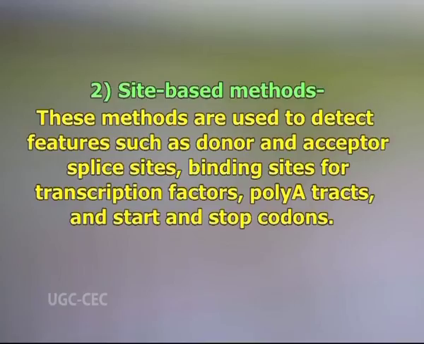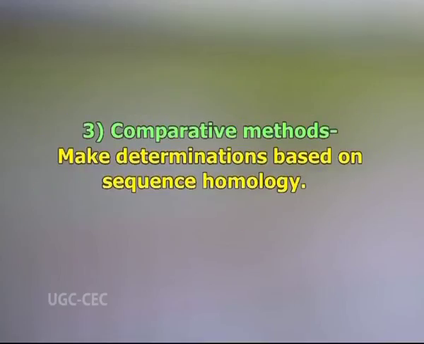These methods are used to detect features such as donor and acceptor splice sites, binding sites for transcription factors, poly A tracts, and start and stop codons. Number 3, comparative methods make determinations based on sequence homology.